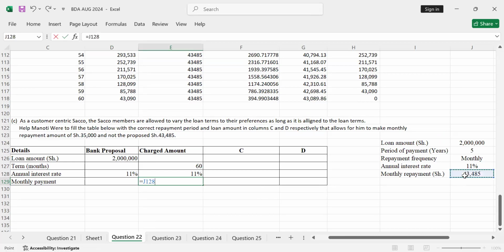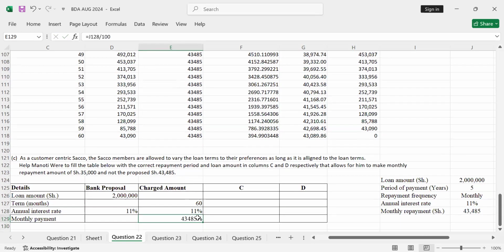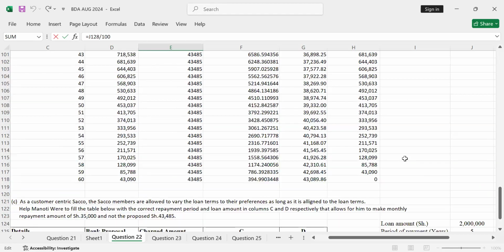Let me remove the percentage. So just divide by 100, and I put it as a value.